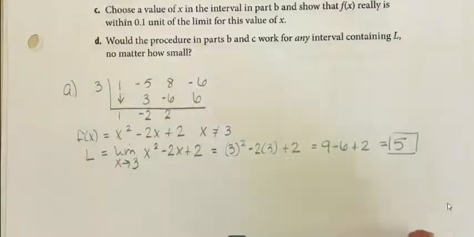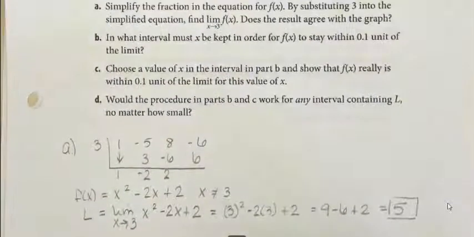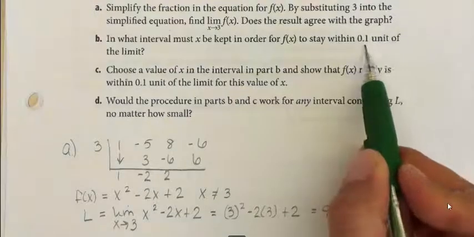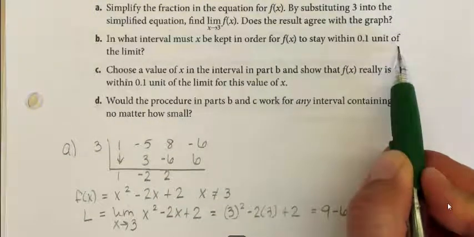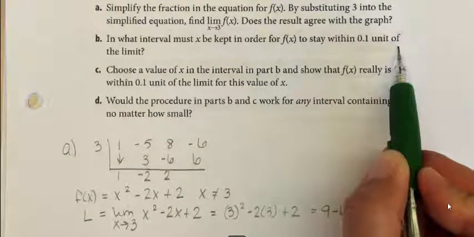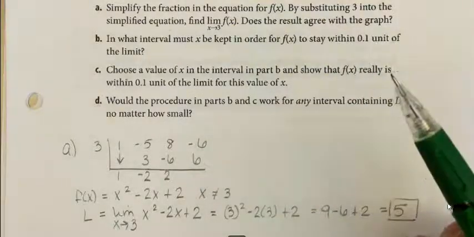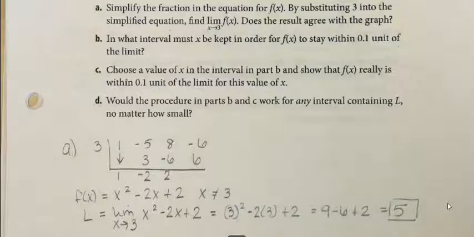Okay, B is going to get a little bit more tricky. In what interval must x be kept in order for f of x to stay within 0.1 unit of the limit? To be within 0.1 unit of the limit, basically I want to make sure that my output is either 0.1 bigger than the limit or 0.1 smaller than the limit. And the limit right now is 5.